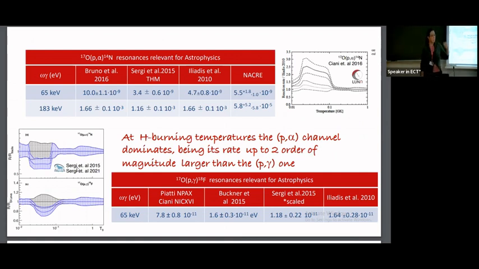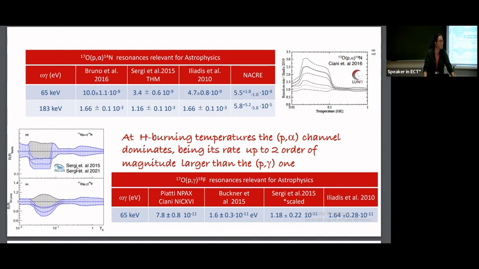It has been measured several times by direct and indirect techniques for the oxygen 17 plus alpha reaction rate. As you can see, the oxygen 17 P alpha reaction is also the one that dominates the oxygen 17 plus proton reaction in the stars, since the rate is at least 2 orders of magnitude larger than the P gamma channel.